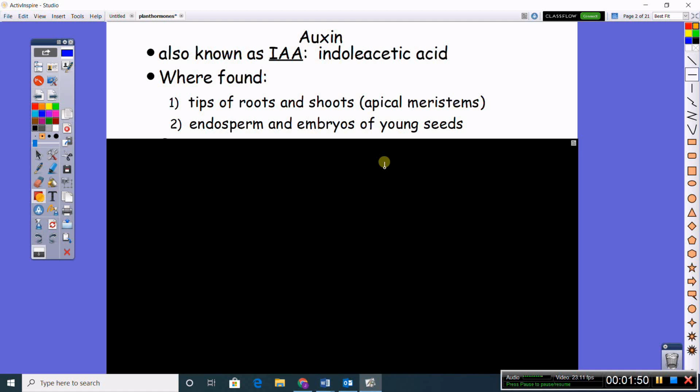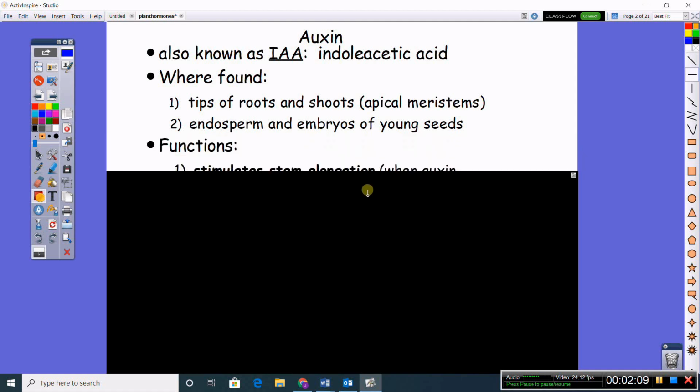Remember we talked about the onion root tip and how you have an apical meristem down there, and then you have an apical meristem up near the apical bud, which is going to allow the plant to grow taller. You also find auxin in the endosperm and embryos of young seeds.